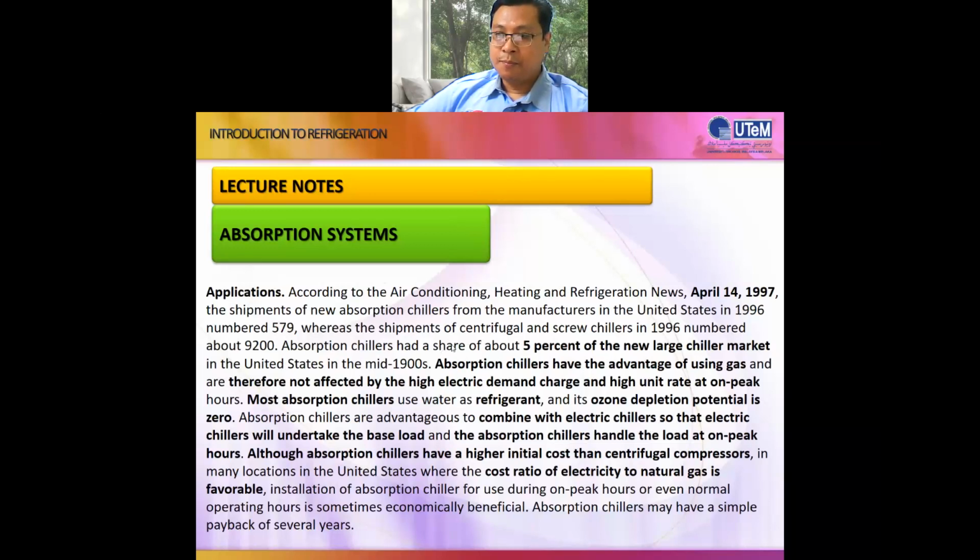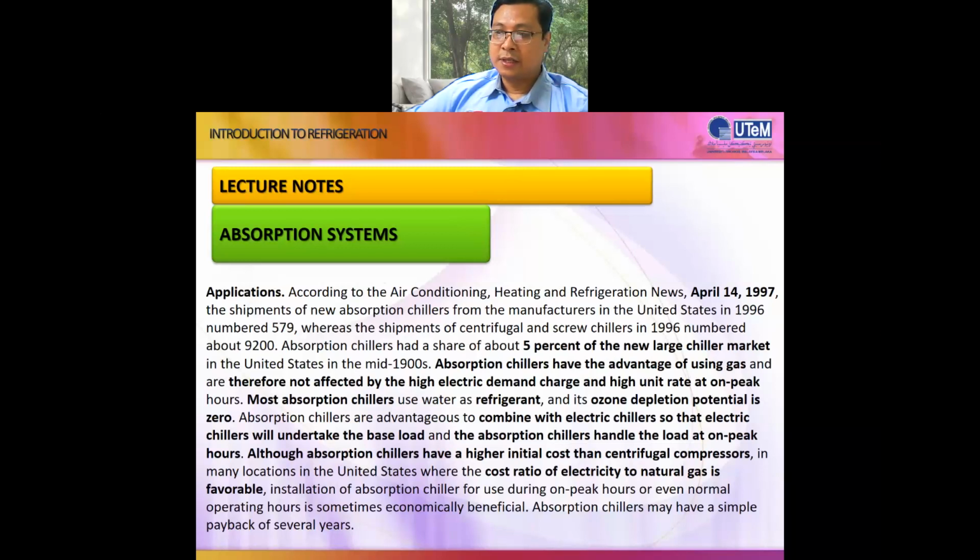The shipment of centrifugal and screw chillers, number this one. So actually this one is an application using these auxiliaries, and the chiller is 50% of the new large chiller market in the United States.